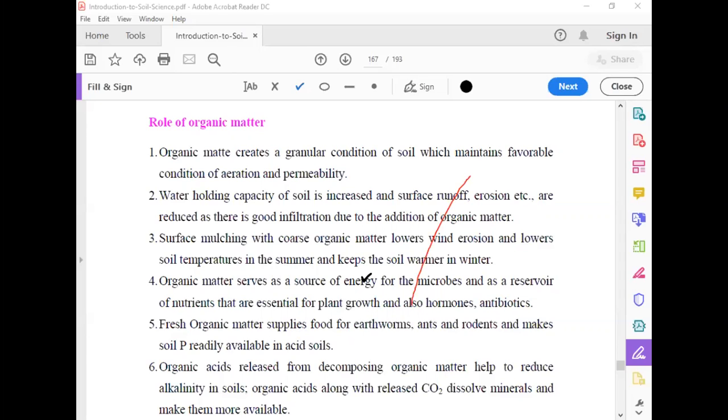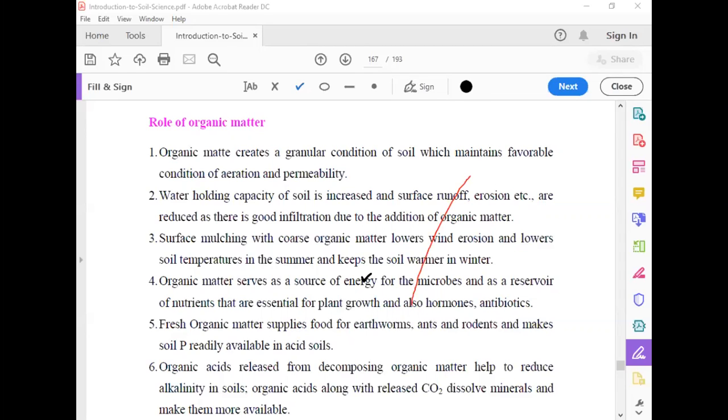Organic matter is regarded as food for microorganisms. So the decomposition rate is high, and there is increase or multiplication of soil microorganisms.